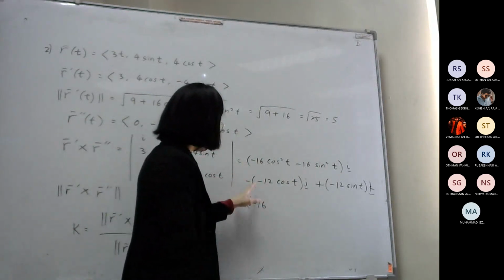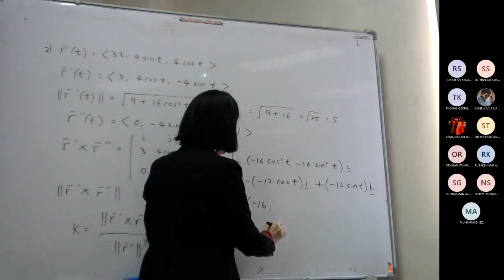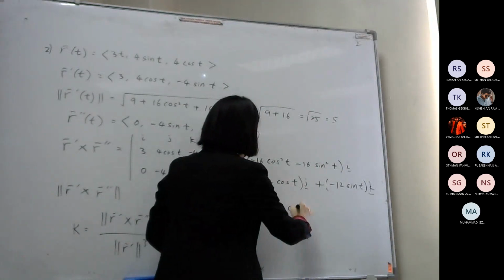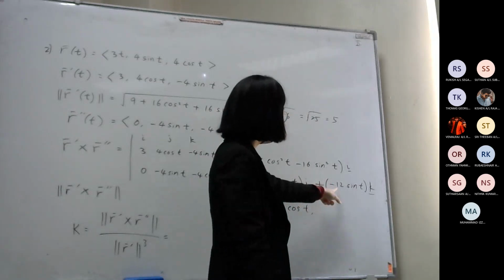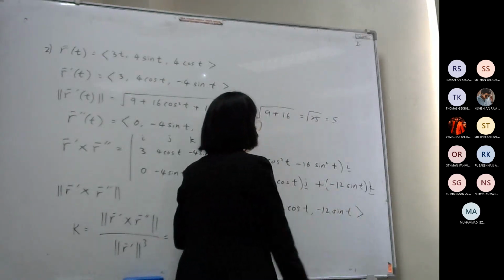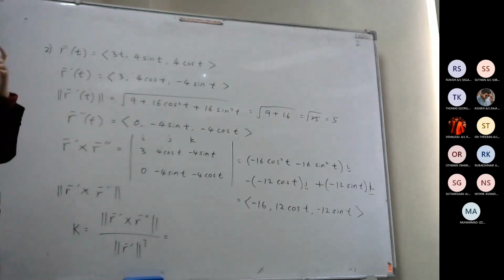Here you have minus minus, which gives the plus, so positive 12 cos t. The last one is negative 12 sin t. This is your cross product.